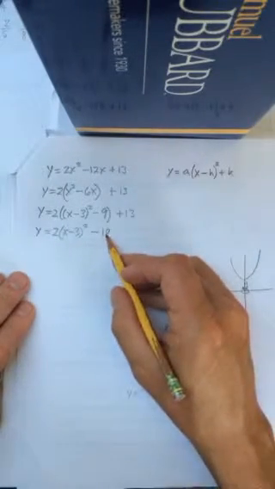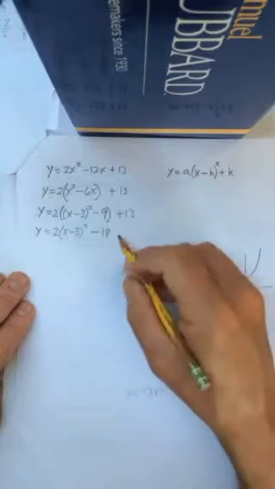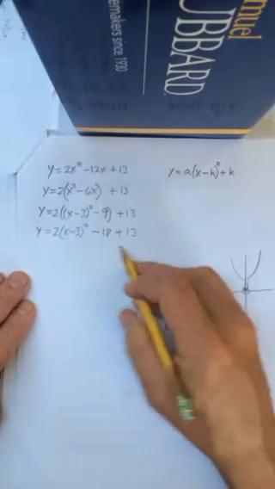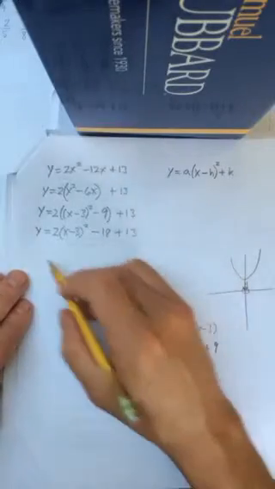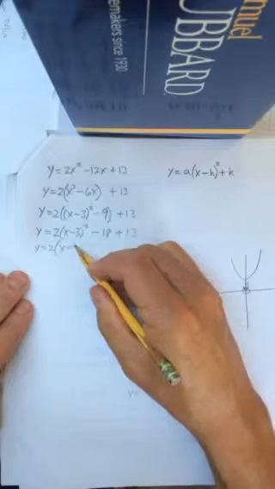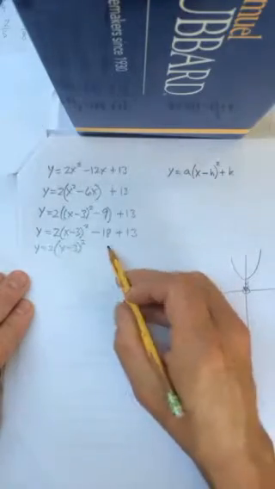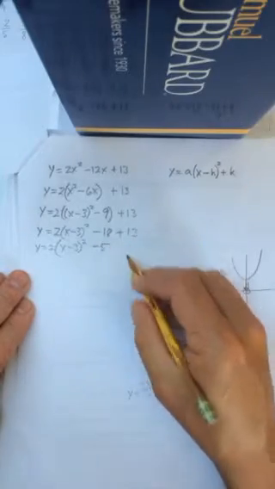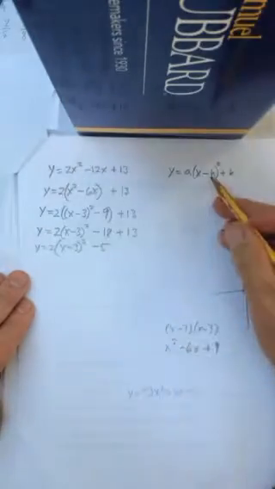So now that's outside, and we only have one set of parentheses. And the plus 13 is still over here. So now let's take care of this. Y equals 2 times x minus 3 squared, and negative 18 plus 13 is negative 5. So now it's in this form.